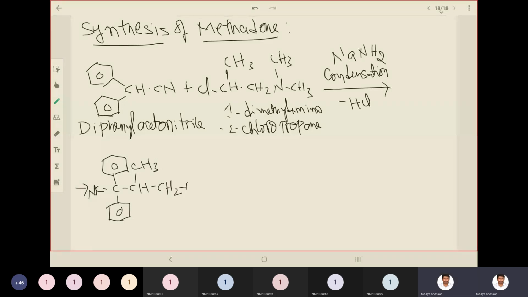So we get this. Now it undergoes isomerization. Isomerization means structural and positional changes will happen. What changes will it take? This CH3 will be moving to this CH2, from one carbon to the other carbon.